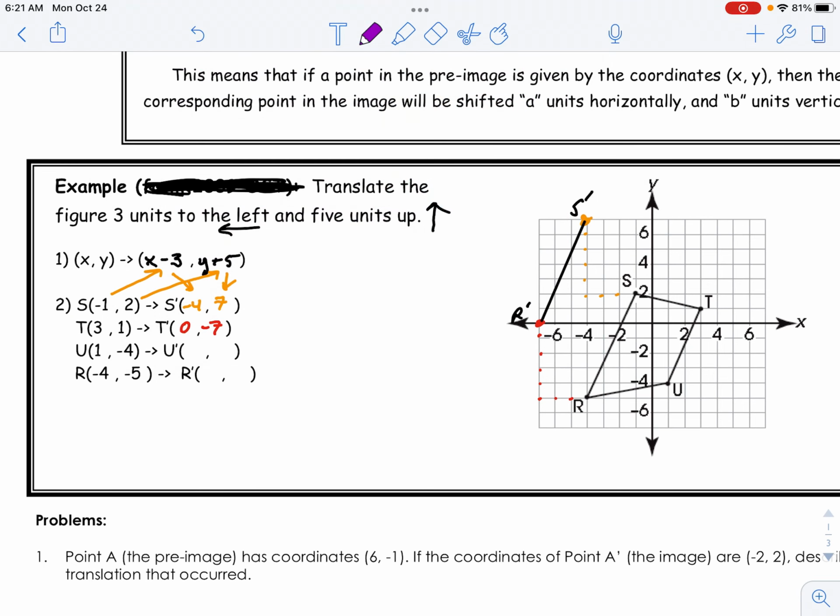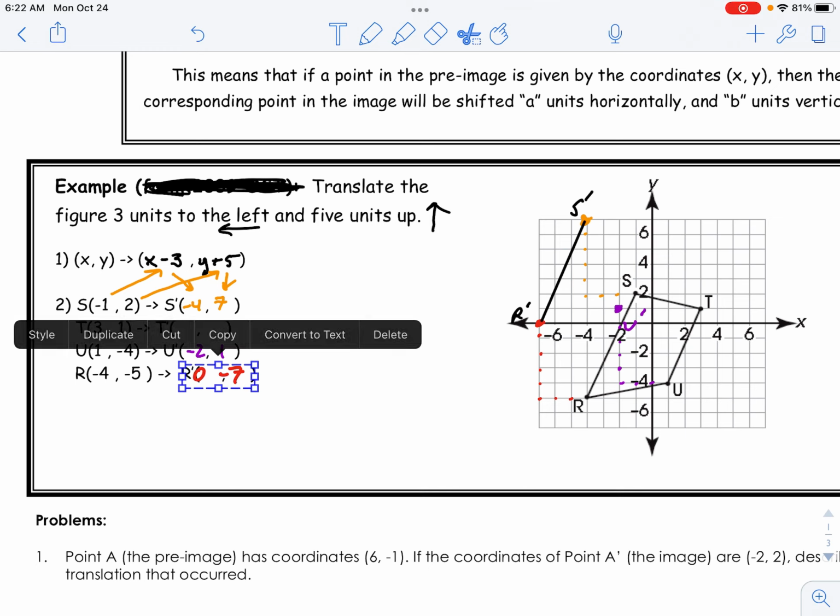And then U will be at -2, 1, 1, 2, 3, 1, 2, 3, 4, 5. And I'm just going to keep doing it both ways because you guys are brand new at this, so you can see it as much as possible. And then R prime would be, oops, I made a slight mistake, but I will overcome my mistake. Where I did T, that's where I should have put R.